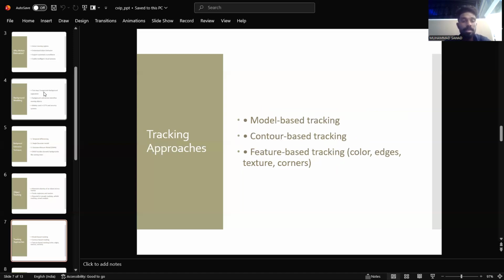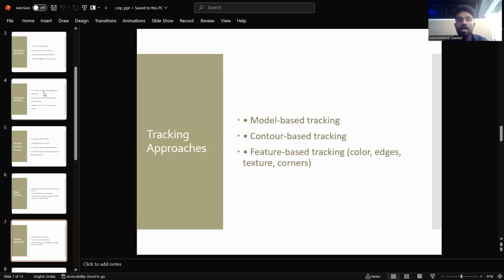In the next slide, we are going to explain tracking approaches. What tracking approaches are there to find the objects? There are several major approaches to tracking. The first one is model-based tracking, which uses predefined models of objects to track them. The next one is contour-based tracking. It focuses on the shape or boundary of the object.